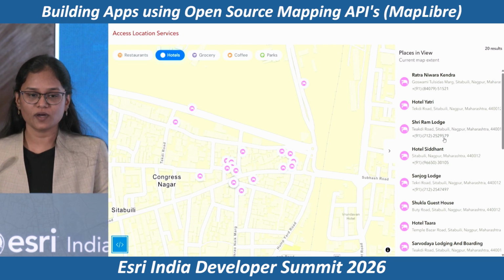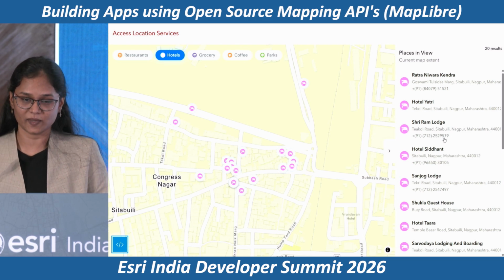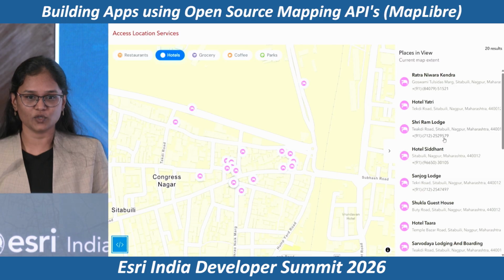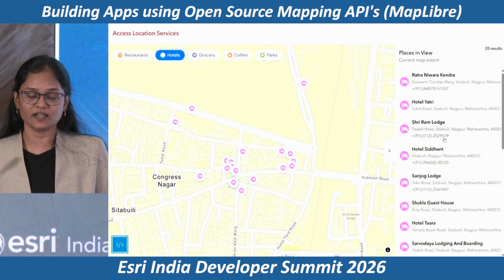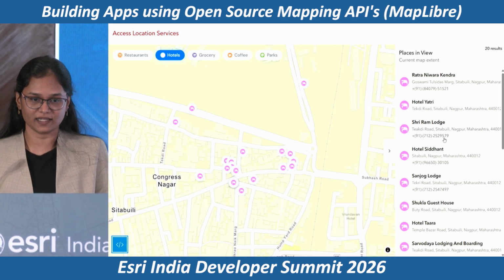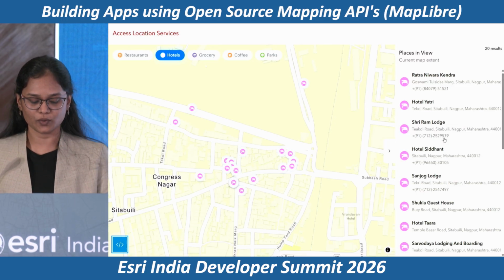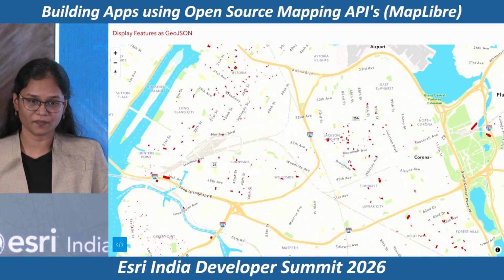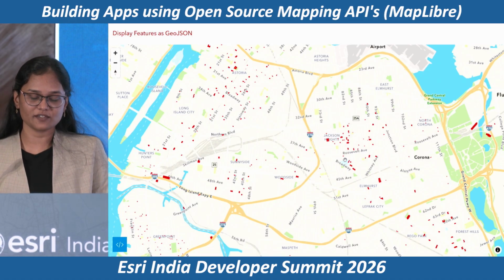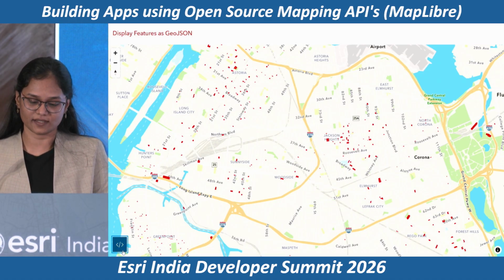Now, we know most of you are building GIS applications that need to connect to users' authoritative content from a feature layer or a portal item into your open source library. So let me show you what it typically looks like. In a standard map library setup, you would retrieve features from a feature layer as GeoJSON.